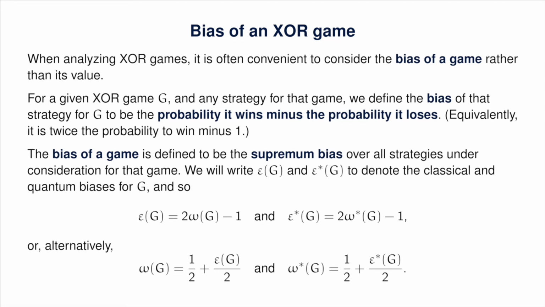We'll denote the classical bias of an XOR game G as epsilon of G, and the entangled bias as epsilon star of G. And so the expressions you see written here are true. To be clear, the bias doesn't reveal any new information about a game beyond its value. It's just convenient when analyzing XOR games to work with the bias rather than the value.